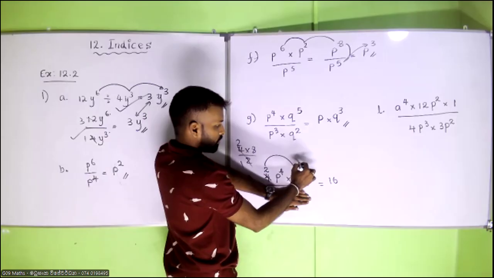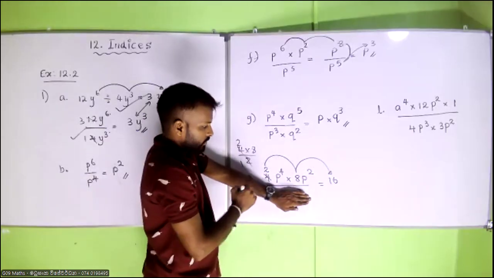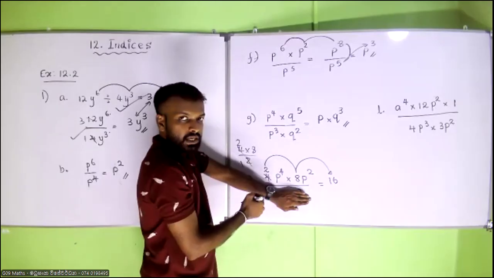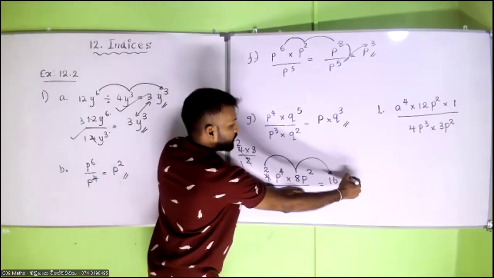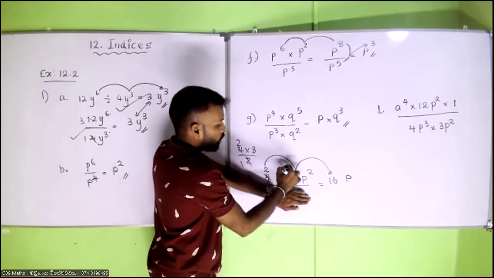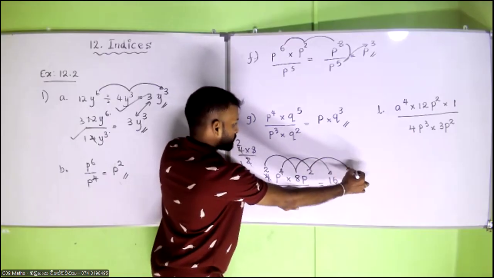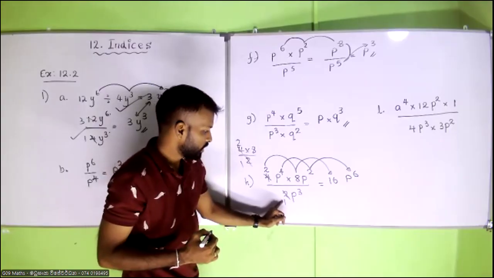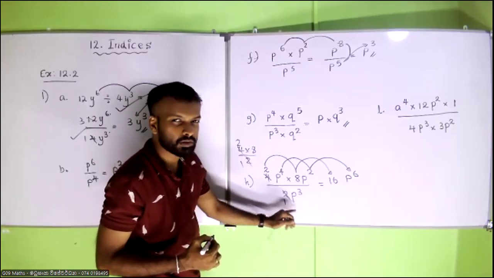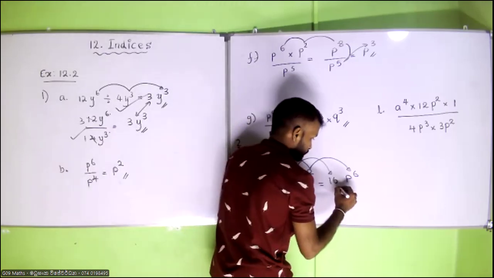This one, P, same base, you have to multiply. P multiplied by P, 4 plus 2, 6. Denominator: here you have 1 times P to the power 3, so P to the power 3.